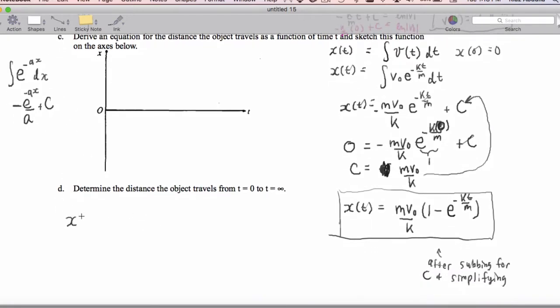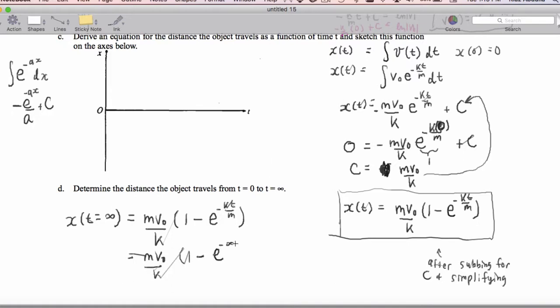Let's put in time equals infinity into the equation that we solved. So that's m v naught over k, 1 minus e to the negative infinity. It's really a limit. And this, of course, is 0.